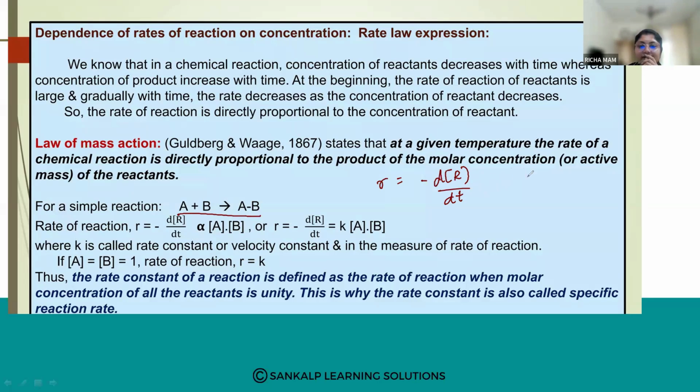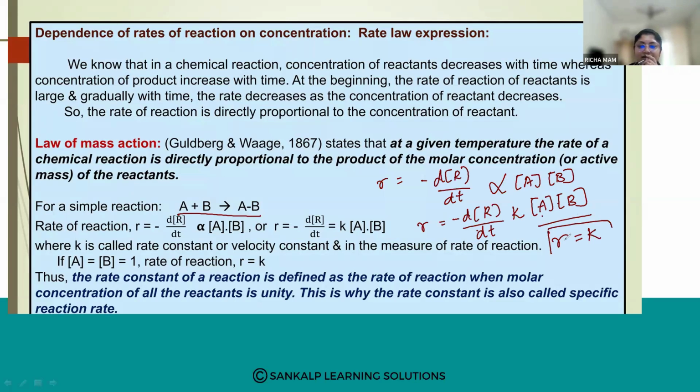This is a rate which is directly proportional to the concentration of A and the concentration of B. If we remove this proportionality sign, I will introduce a constant, K: rate is equal to K into the molar concentration of A into the molar concentration of B. Suppose the molar concentration of A and B is equal, if we take it as 1, then rate will be equal to the rate constant.